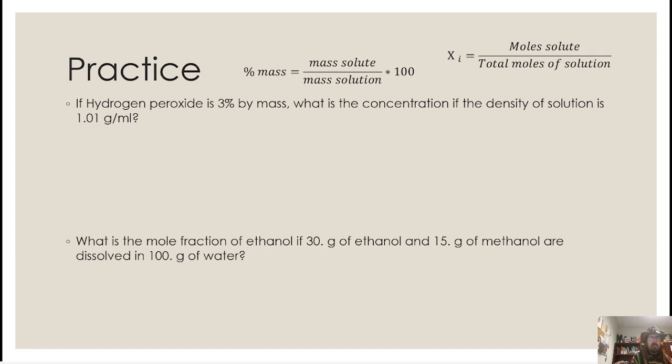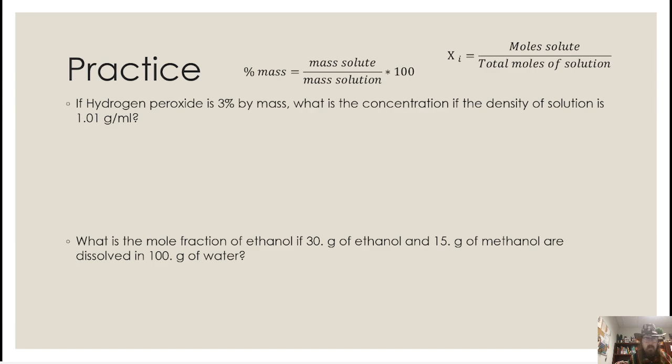Let's convert hydrogen peroxide, which is 3% by mass, to molarity, given that the density is 1.01 grams per mL. So we'll start with that.